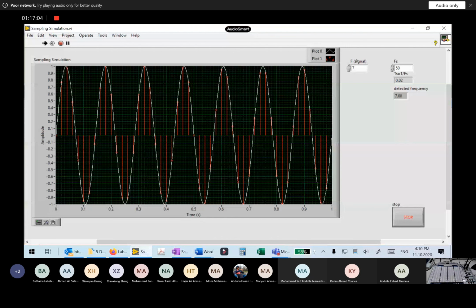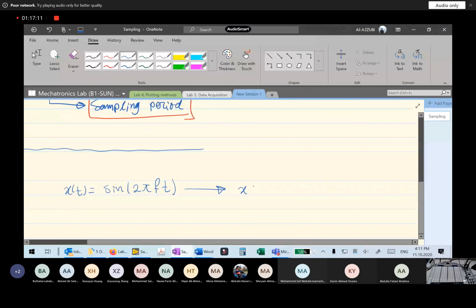Now when you sample your signal, you get not any t, only at integer values of ts, and this will be equal to sine 2 pi f times nts.